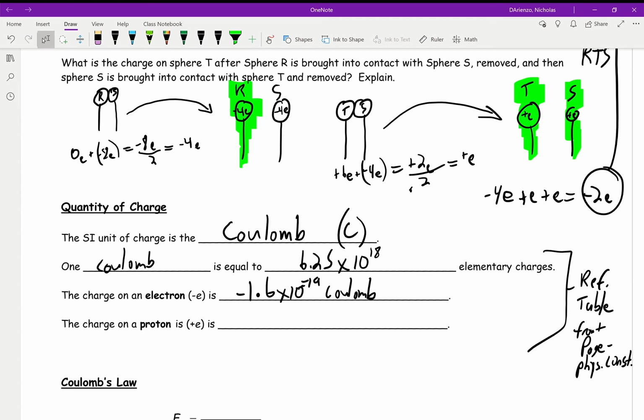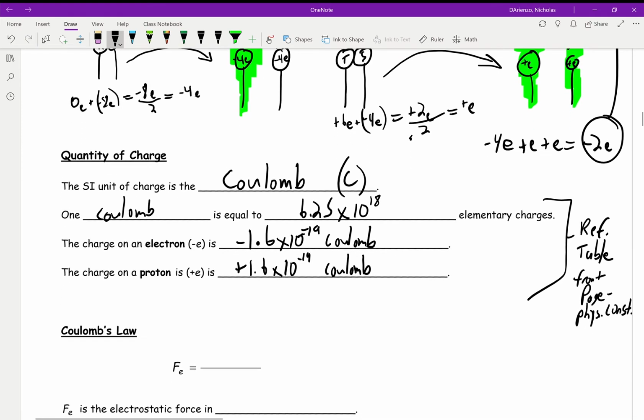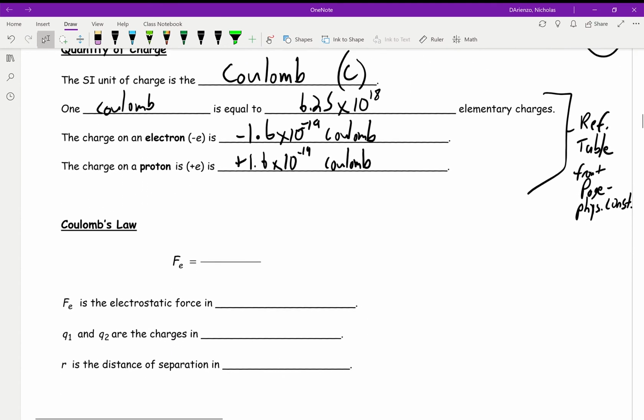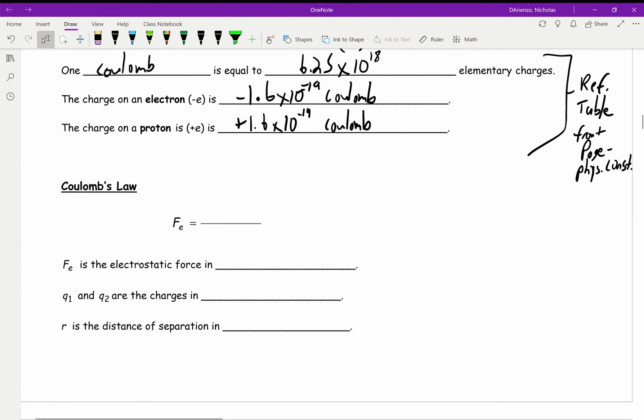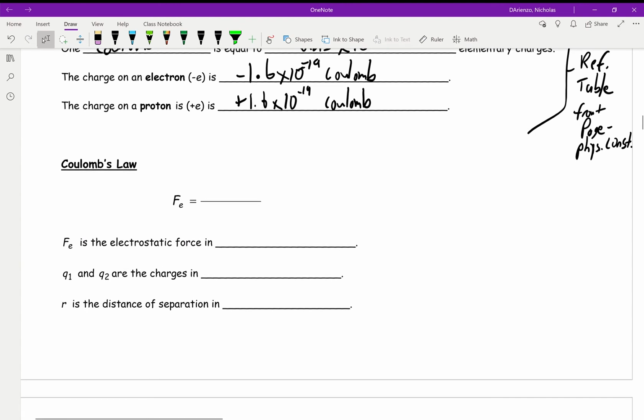And the charge on a proton is going to be exactly opposite that. Equal in magnitude, opposite in direction. 1.6 times 10 to the negative 19th coulomb. So same magnitude, opposite direction, indicated by the positive and negative value.